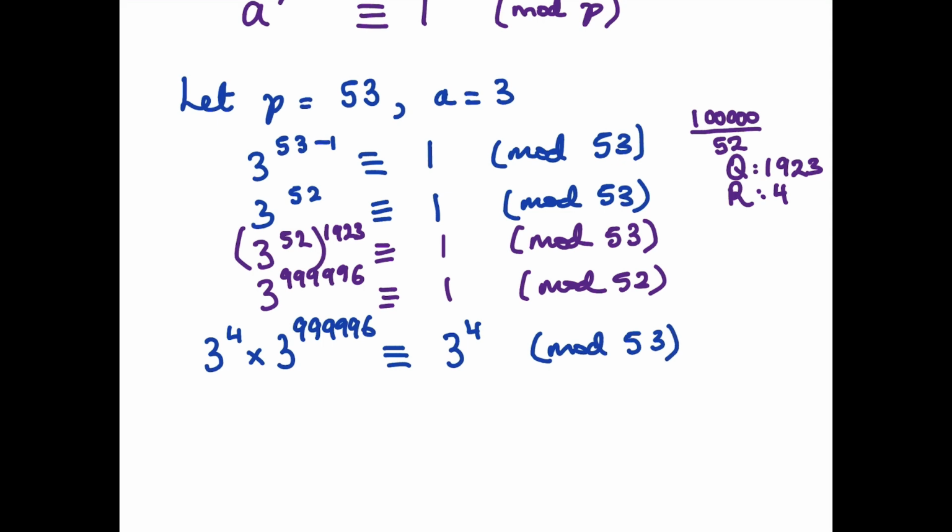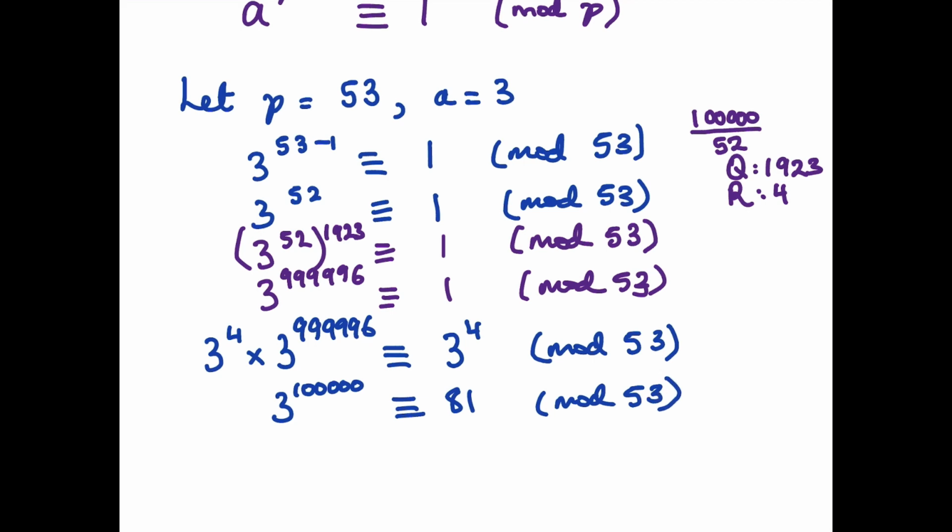Oh, and I've just realised that should be 53. So, we know the left-hand side is going to be 3 to the 100,000. And 3 to the 4, well, you should know that's 81. And again mod 53.